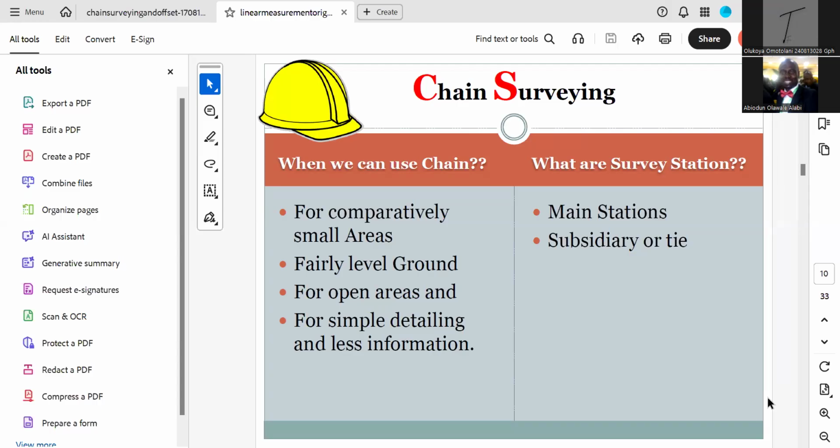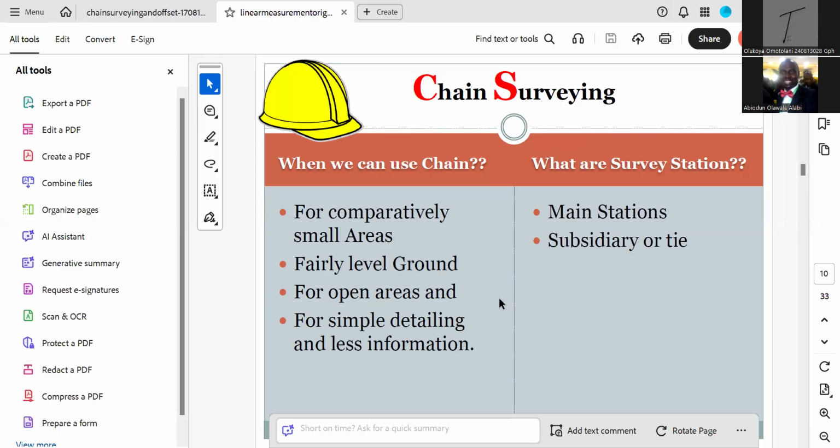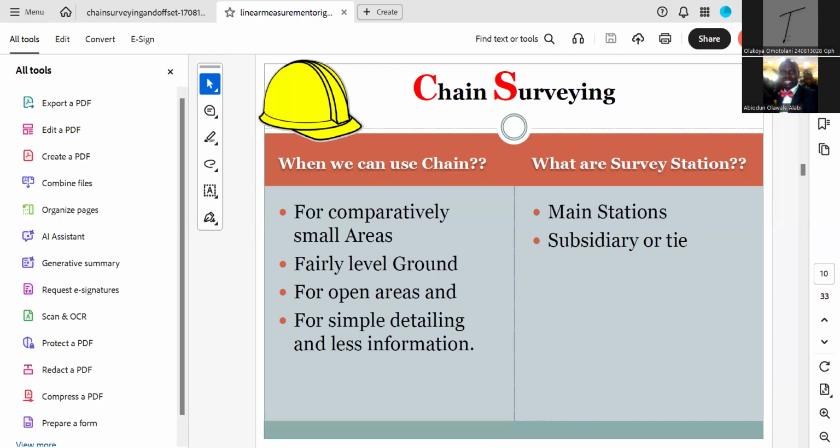Take, for instance, if I take the first one out, and the other three conditions are met, but the area is large, I won't be able to deploy chain surveying to map the area. So I will have to use another type of survey.